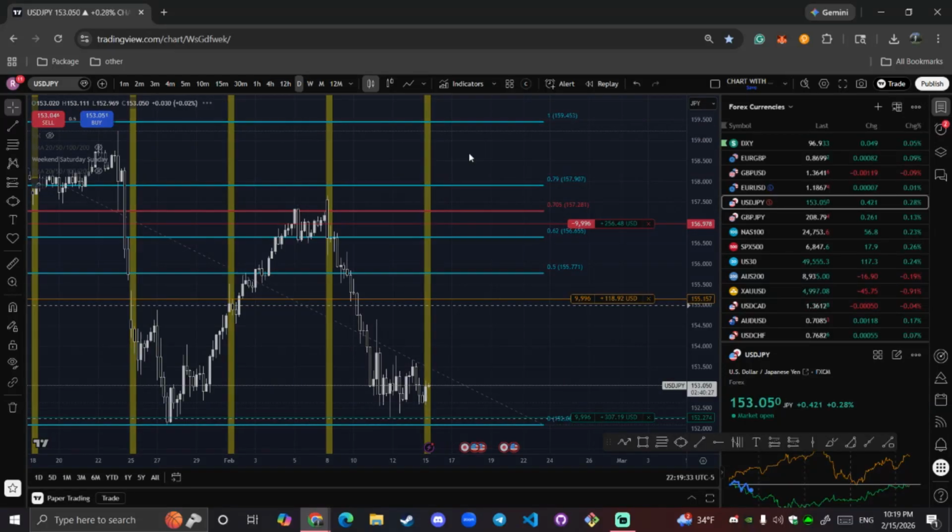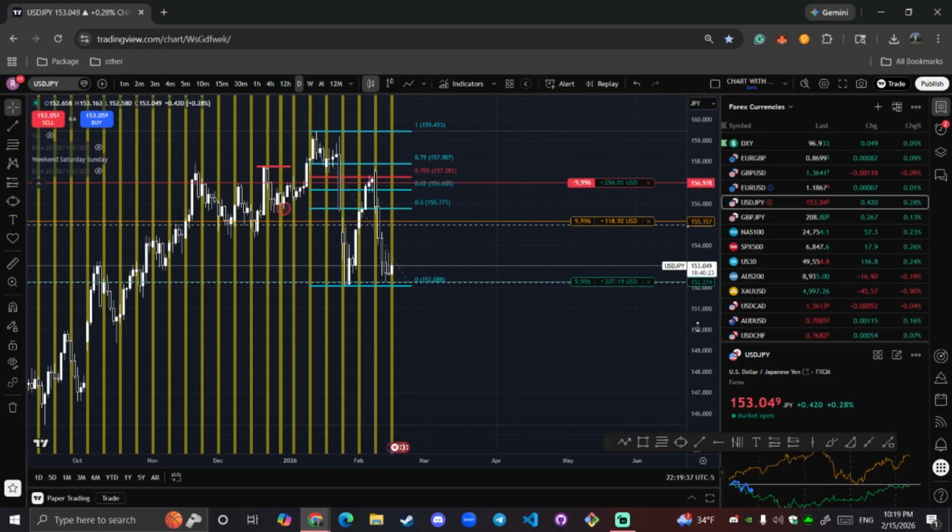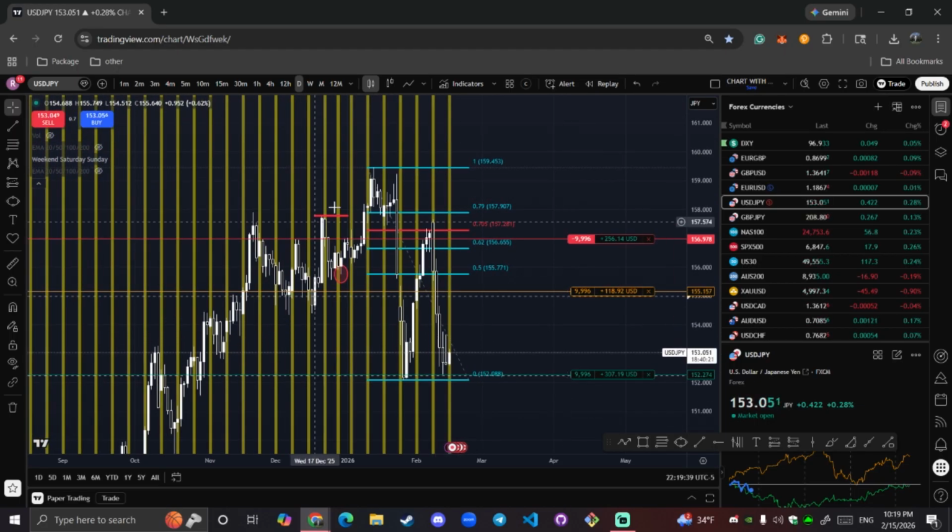Alrighty, now let's go to UJ, right? So UJ was in an uptrend, took out a high, it came down, it cleanly broke this low here, and it came back into a huge gap over here, right? I sold.